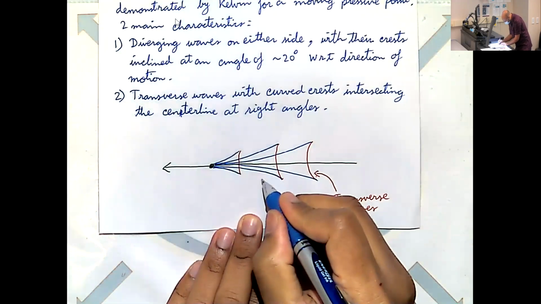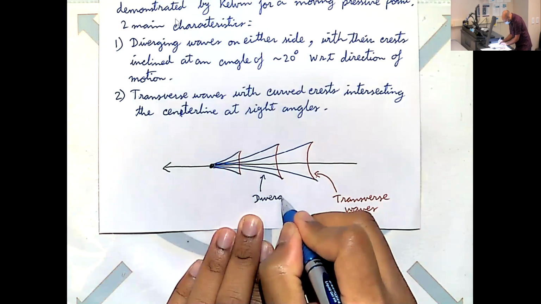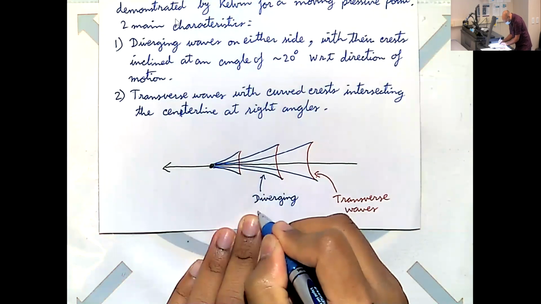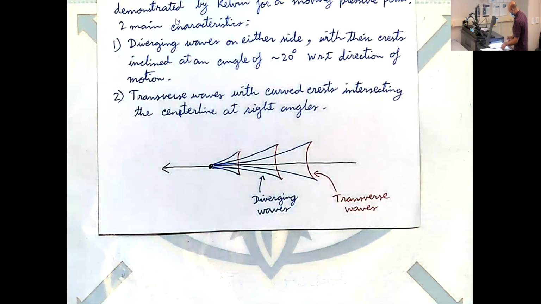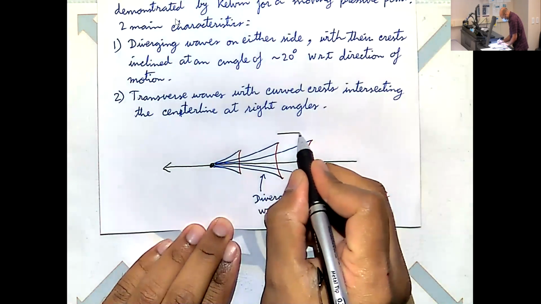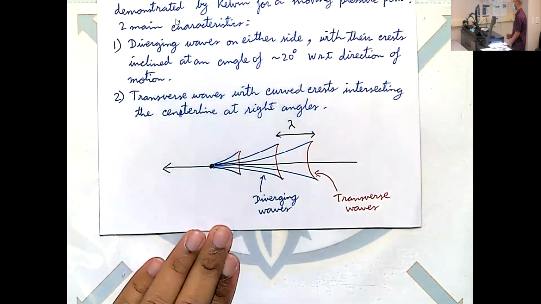And the blue ones are the diverging waves. Okay. And the nice thing about these is there's a very specific wavelength for these. And you can predict what the wavelength is.